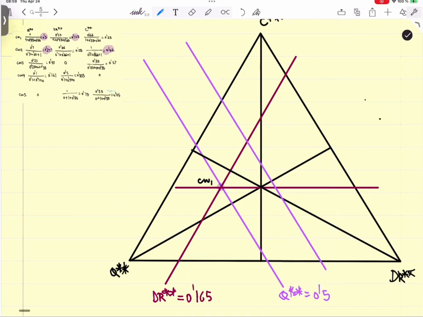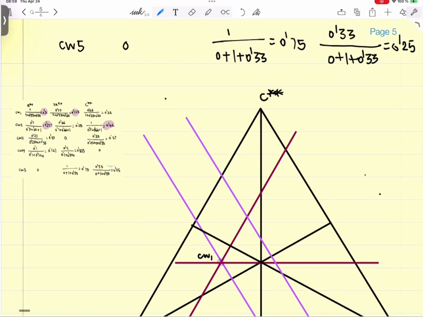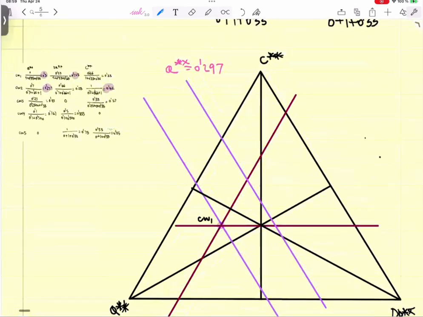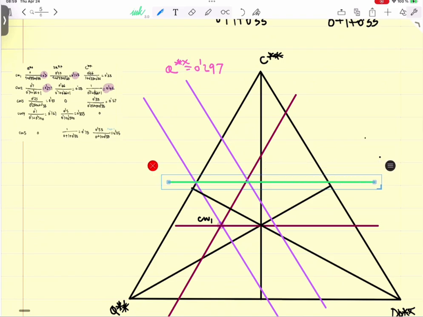So this is going to be quality Q** 0.297. And then for the cost, I take another color, green, and make a horizontal line. At what level? 0.42.